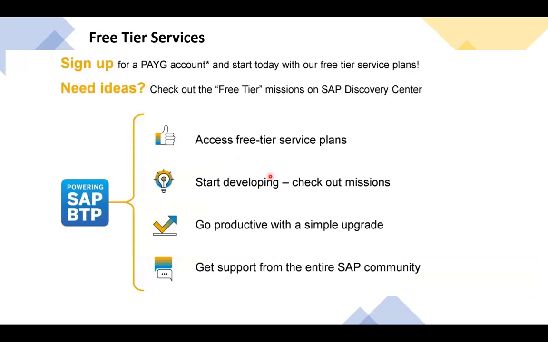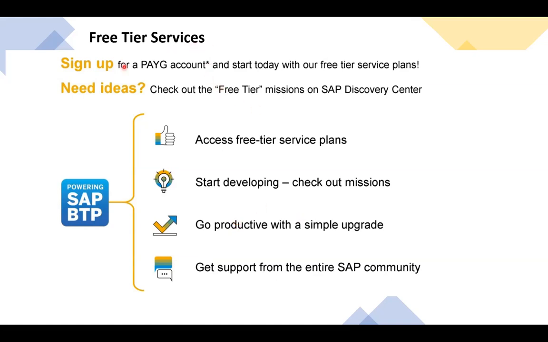Okay. And now free tier services are also available. So this is free tier and free trial. Free trial is for a specific period, and for free tier we will have to pay for whatever services we are using. But those services or the prototyping we use or develop in our BTP account can be converted into productive versions.